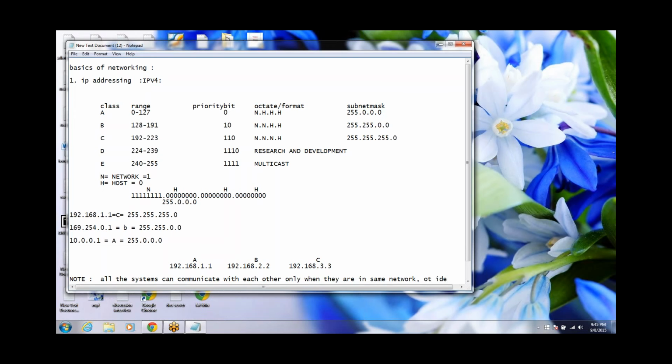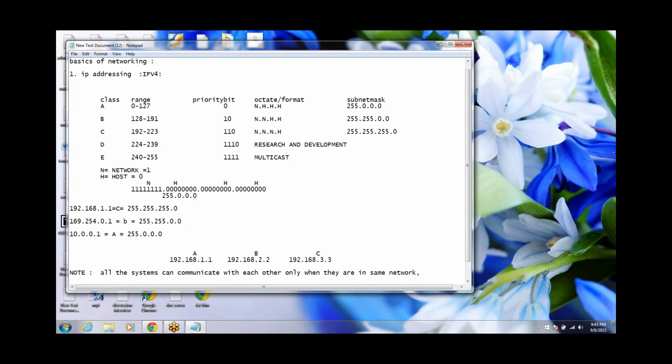And to identify whether they are in the same network or not, the subnet mask is used. What is used to identify whether they're in the same network? The subnet mask is used.